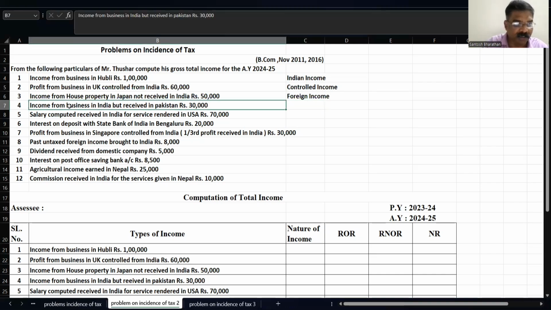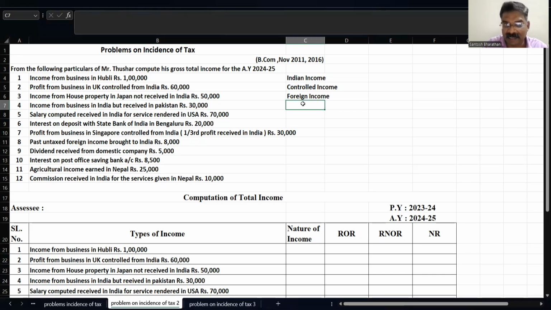We go to the fourth point: income from a business in India, but received in Pakistan. The business is in India, earned in India, but the amount was received in Pakistan. So we treat this as an Indian income. Why, children? Even though the amount is received in Pakistan, the business is set up in India.